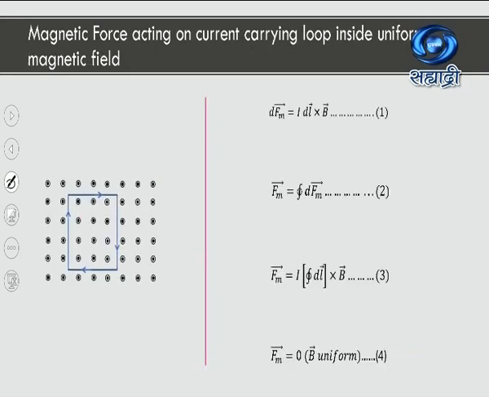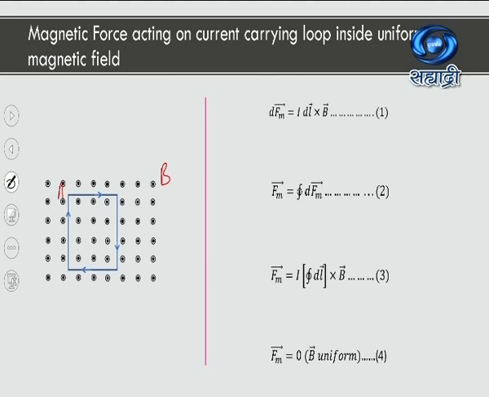Magnetic force acting on a current carrying loop inside a uniform magnetic field. Again, this is another application of the force experienced by current carrying conductors kept in external uniform magnetic fields. Here I have a uniform magnetic field B directed outward.